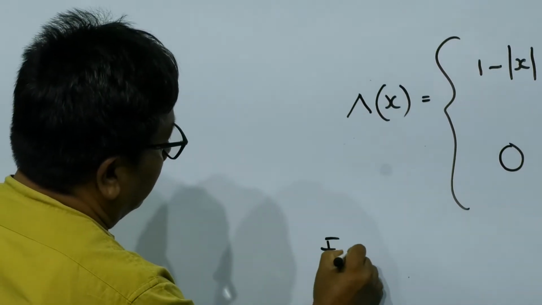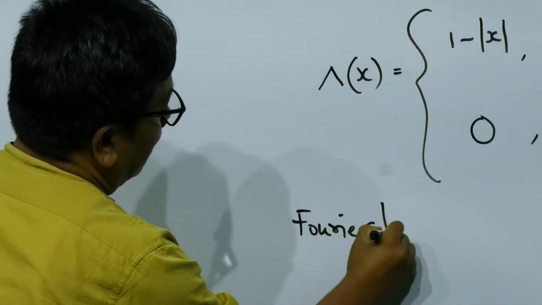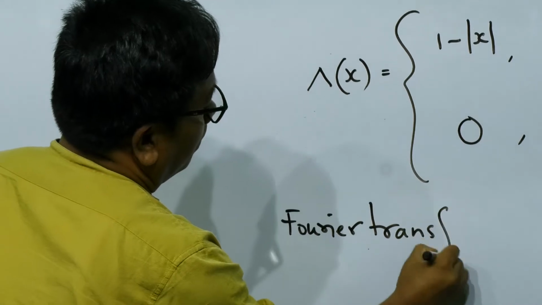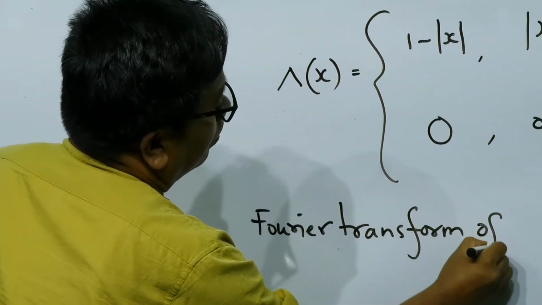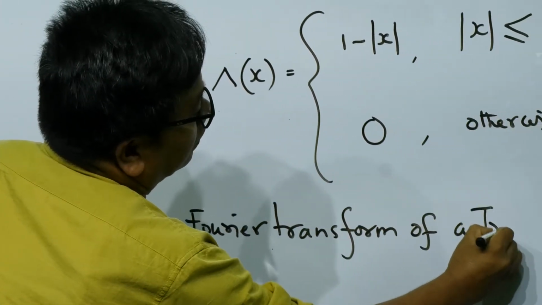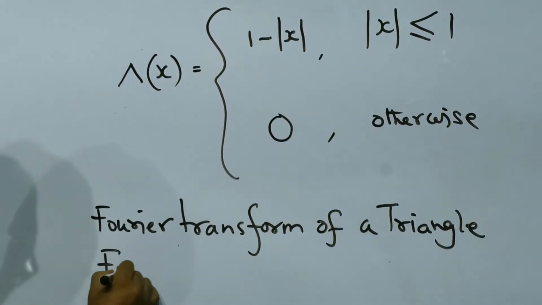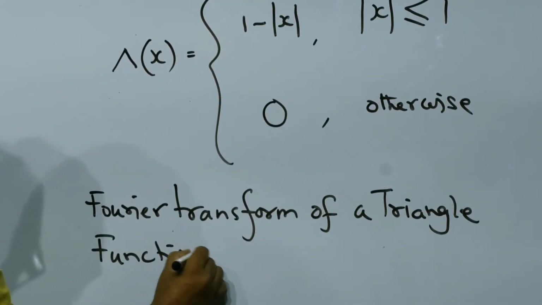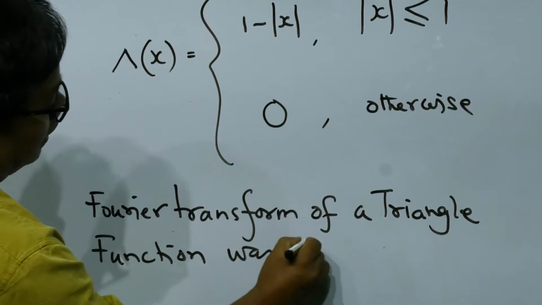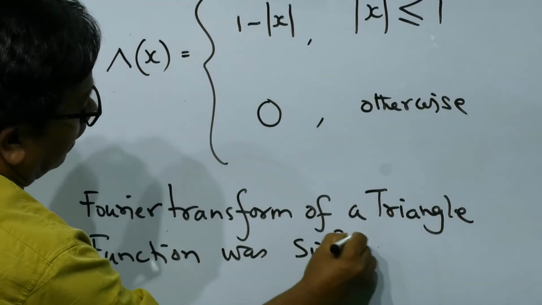to be, the Fourier transform of a triangle function was sinc square.